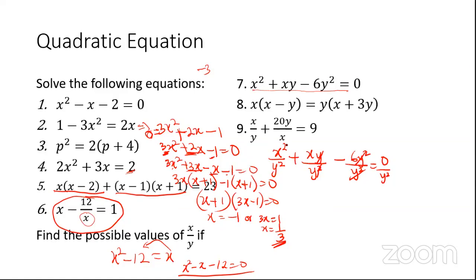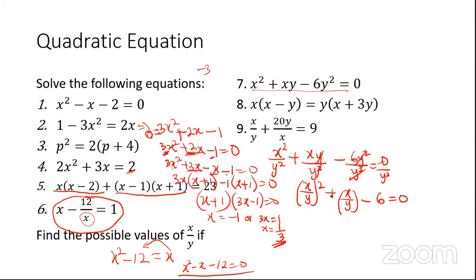So this x squared over y squared is still the same thing as x over y, everything squared, plus x over y, you can also bracket it, minus 6 equal to 0. So you can solve it like this, it is a quadratic equation.